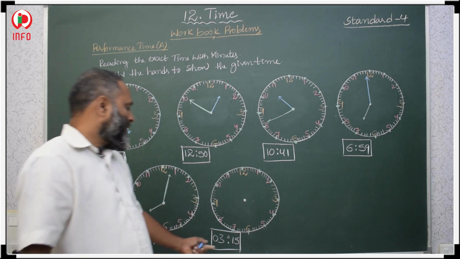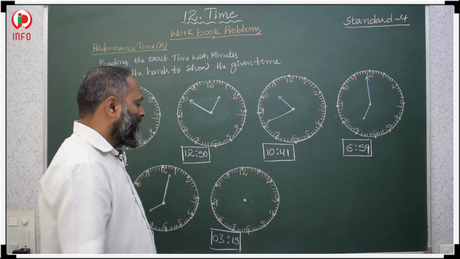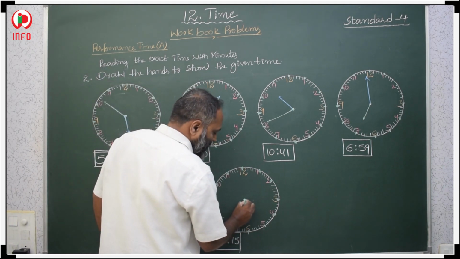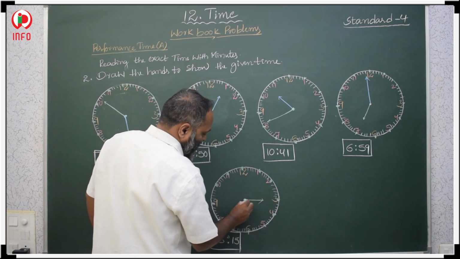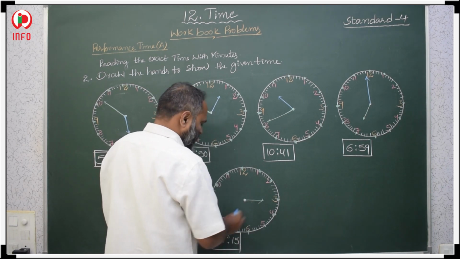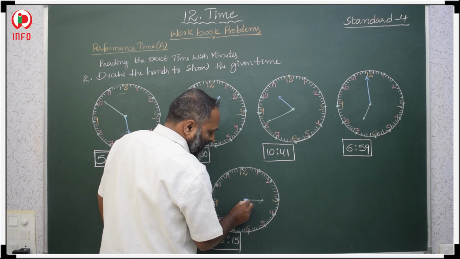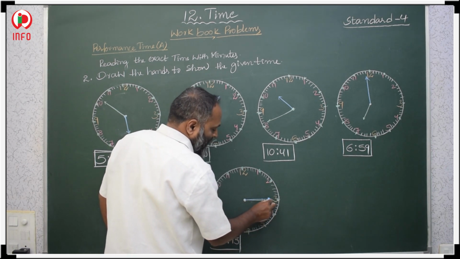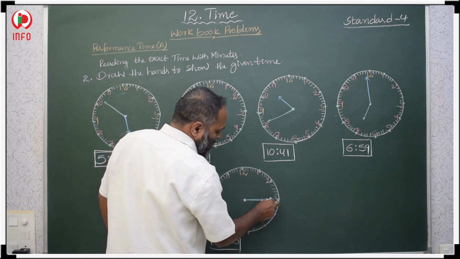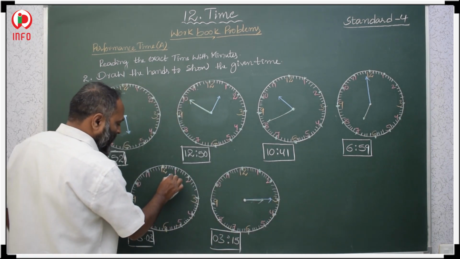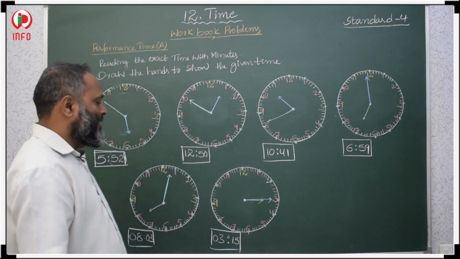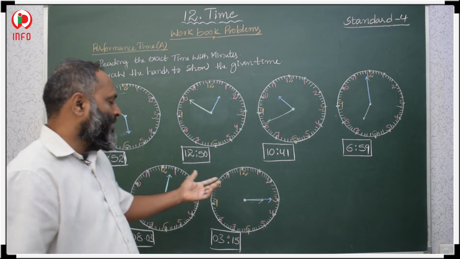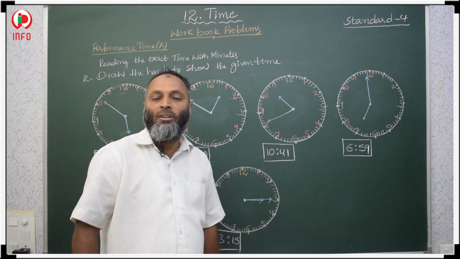Then after that, 3:15. The hours hand is at 3 and the minute hand is also at 3. Why? Because 3 fives are 15 minutes. So these are the hands we should draw according to the time.